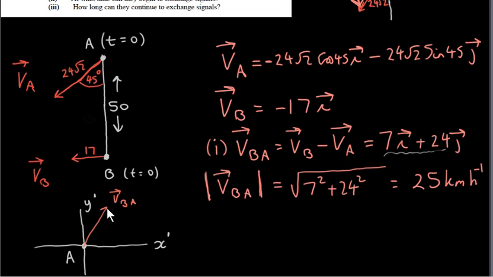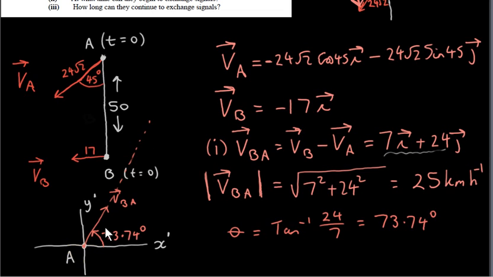So to get the direction that B appears to be moving in from A's point of view, we could get this angle here. So B appears to move along this line. This is the trajectory of B, ship B, as seen from ship A. So we use the fact that the tan of theta is opposite over adjacent.